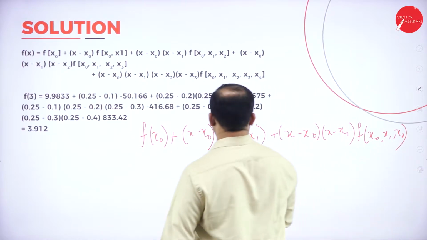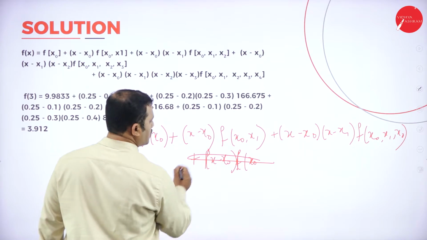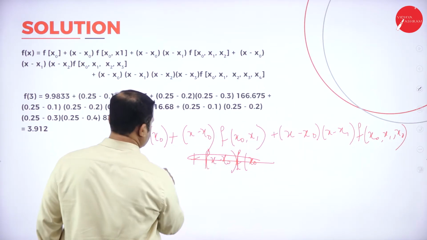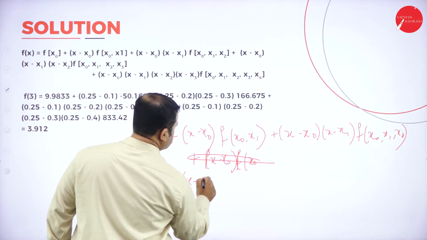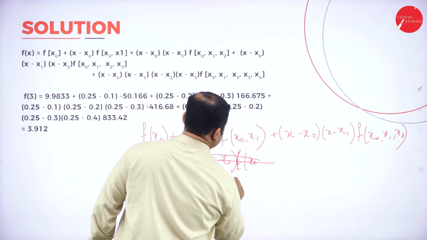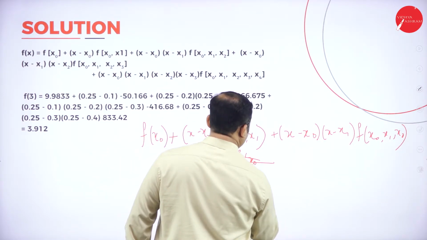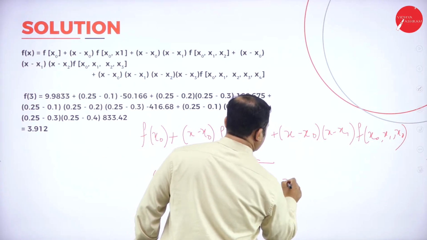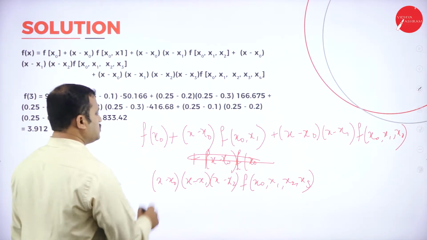We have these terms, plus x minus x0, x minus x1, x minus x2 into f of x0, x1, x2, x3 is considered here. So this is the formula.